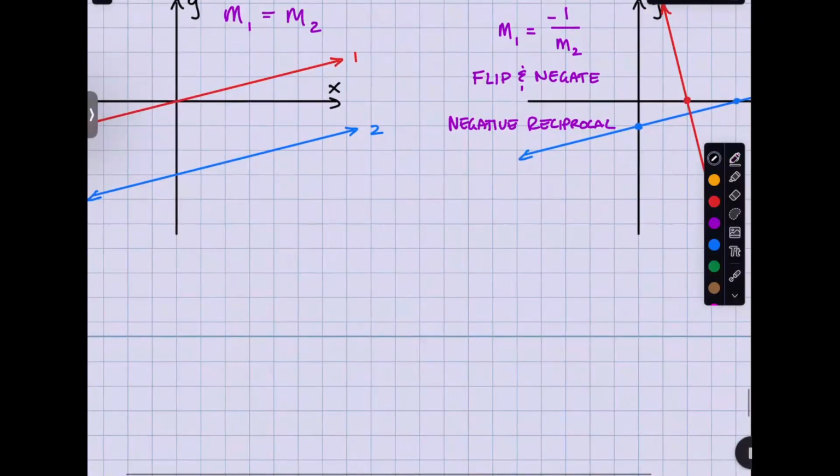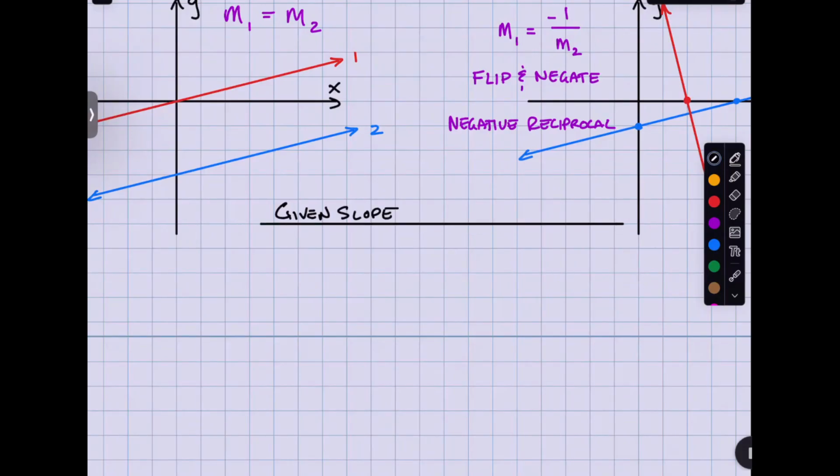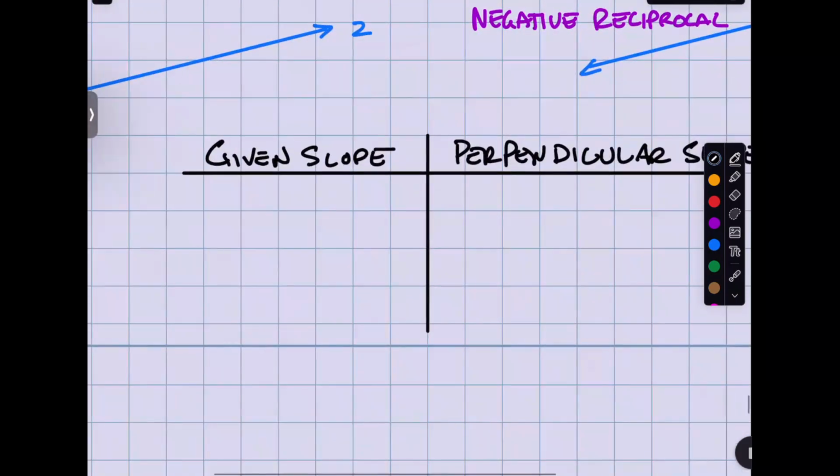Okay. So, let's say I give you -3/4. What would be the perpendicular slope to that? Positive 4/3.